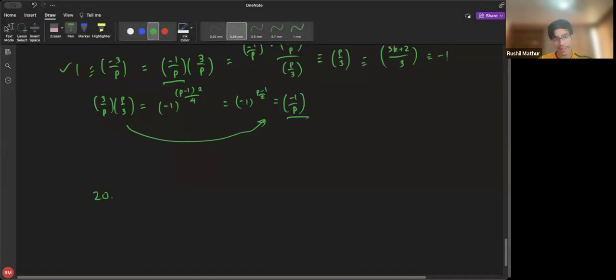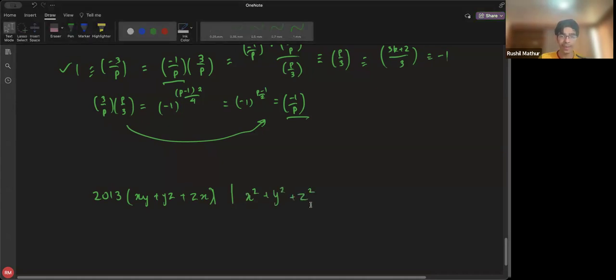You want to find all solutions to 2013 times xy plus yz plus zx divides x square plus y square plus z square, where x, y, z are positive integers. And this is a 2013 contest problem, so obviously you can imagine that 2013 is not very relevant, but it can't be totally irrelevant either.